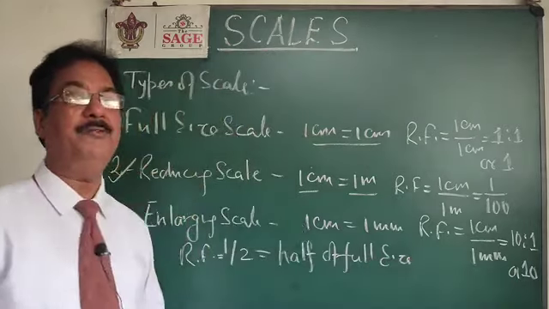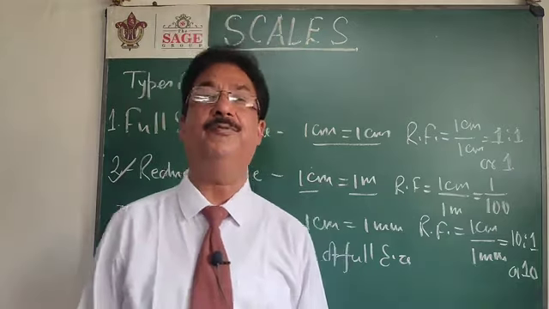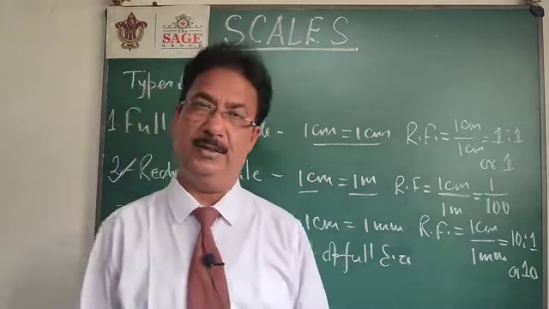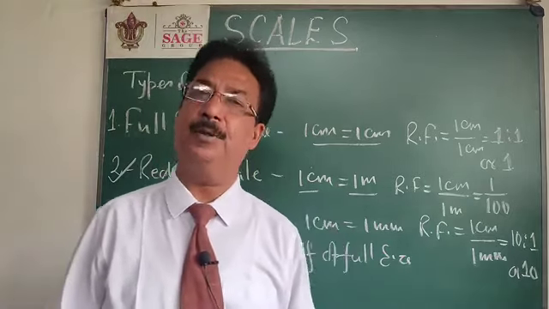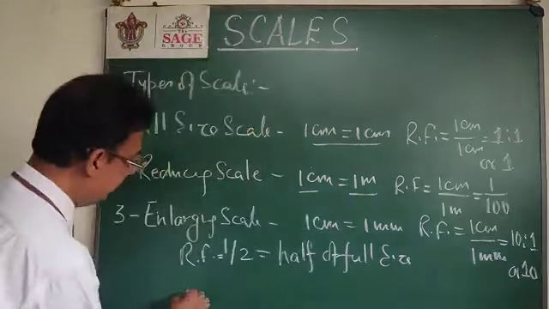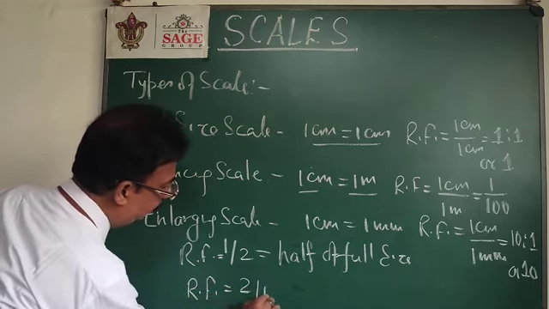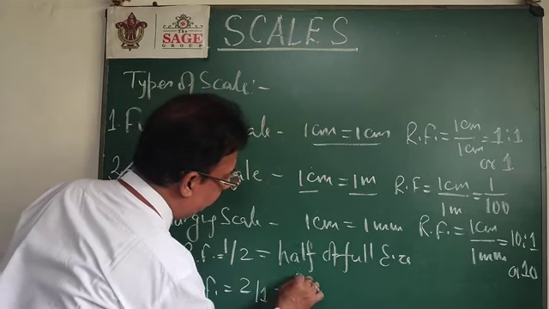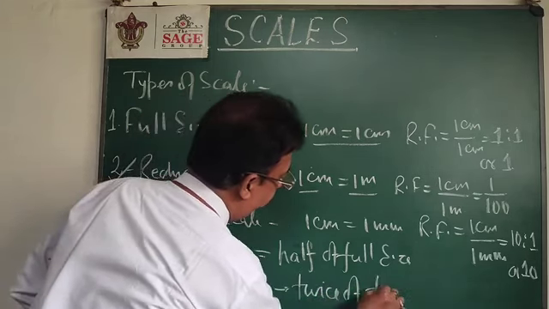If I am using RF 1/5, then I am saying that I am using a scale that is 1/5 of the full size. RF 1:10, I am using a scale that is 1/10 of the full size. Reverse of that, if I am using RF 2:1 or 2, then I say that I am using a scale that is twice the full size.